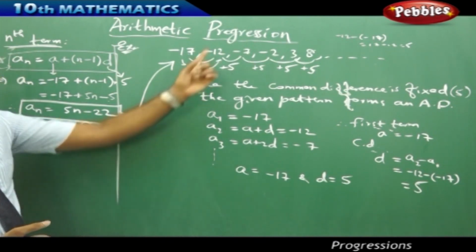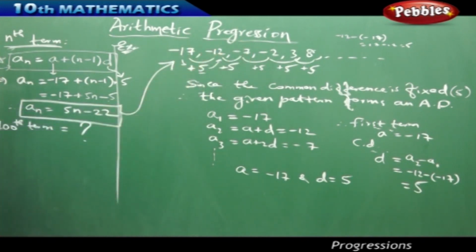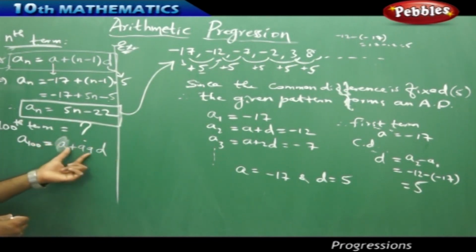That is the significance of arithmetic progression and its formula. So the 100th term, denoted by a100, is given by 5 times 100 minus 22, or I can do this by taking a plus 99d, because a plus 99d is one short of a plus n minus 1 of d.